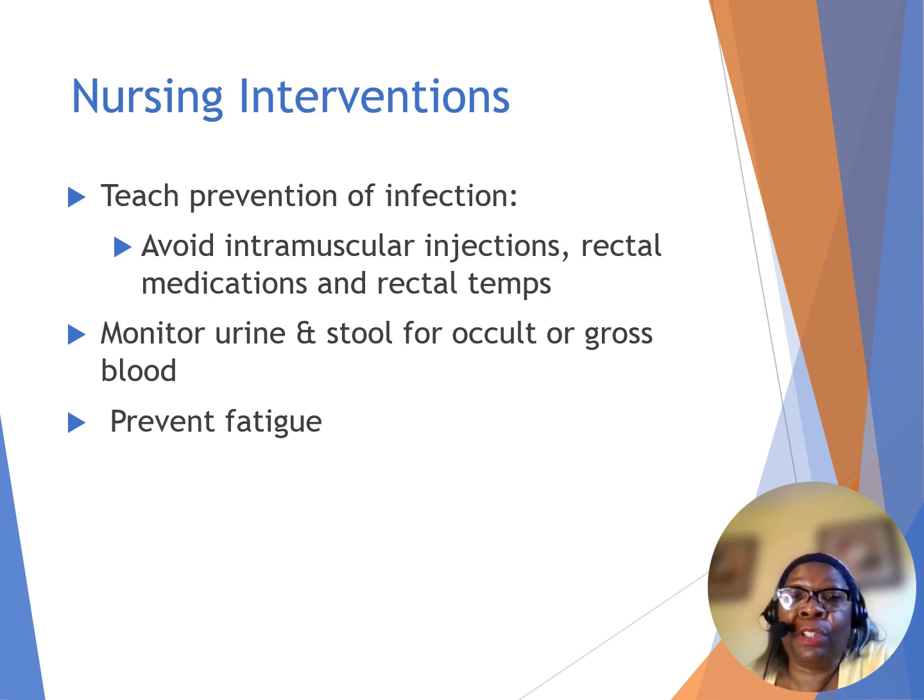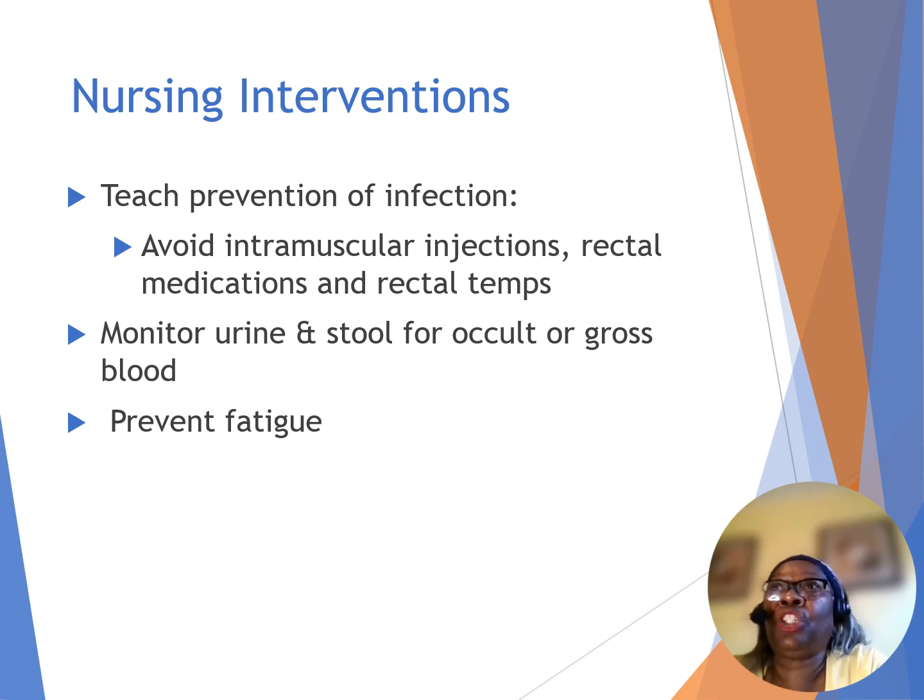So we want to observe for signs of blood in the urine or the stool and something called petechiae. We want to avoid enemas, rectal temperature, picking the nose or blowing the nose forcefully. I mean, we want them to use electric razors because we don't want them to risk being cut by a safety razor, and we want to avoid aspirin because aspirin does what?